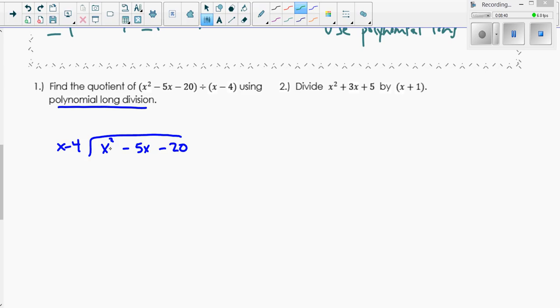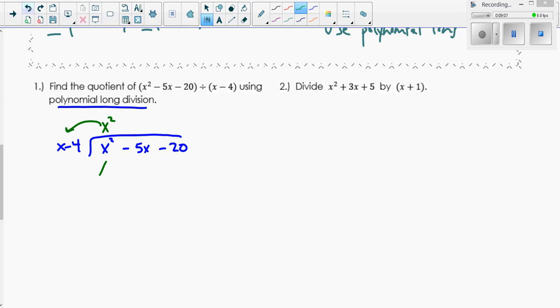So I want to figure out how to get rid of my leading term. Whatever I put over my term, I have to put as a like term. So for instance, above this, if I want to put something here, I'd have to put an x squared. I could put a 2x squared, a 3x squared, a 4x squared, but the variable has to be x squared. The problem is, when I multiply by both of those terms, x squared times x gives me an x cubed here, and then if I subtract, those don't disappear.